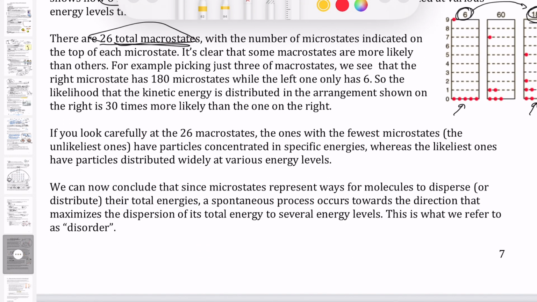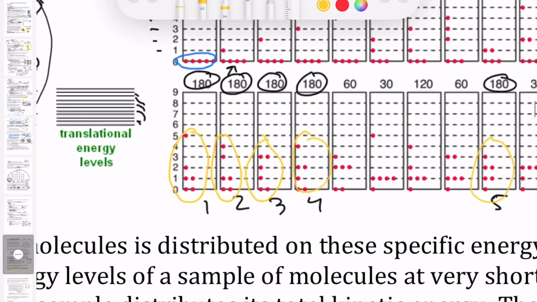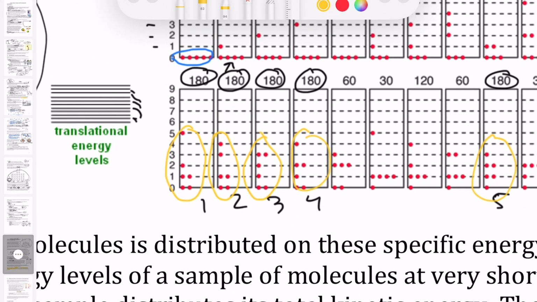Okay, so that's a really important idea I want to get across, keeping in mind that what microstates are really measuring is just ways for molecules to disperse or distribute their total energy. So when we say we have a lot of microstates, what we're saying is really just that the particles have a lot of ways to distribute their total energy.